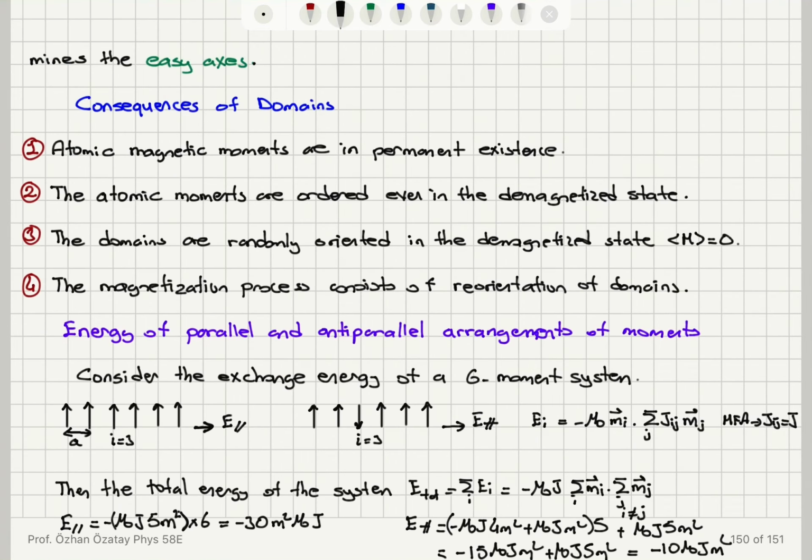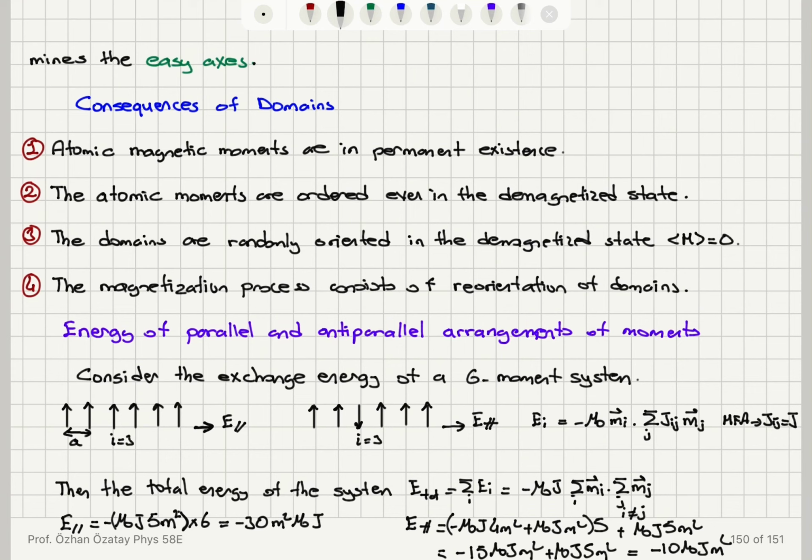Okay, so we considered the exchange energy of a 6-moment system. The exchange energy for the ith moment is minus mu 0 M_i dot product with the sum over j of J_ij M_j, but J_ij, the exchange coupling constant, is a constant J for all interactions in the mean field approximation. So I'm using the mean field approximation here.